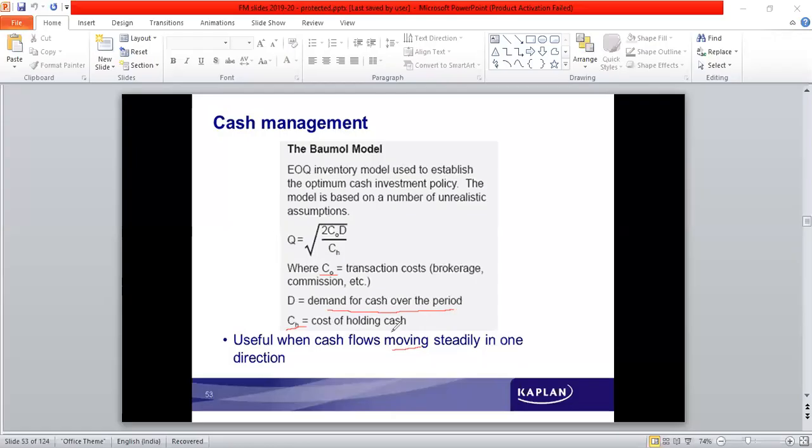What is the cost of holding the cash, not investing anywhere? Holding the cash, what is the opportunity cost on that? Then what is the transaction cost if they are investing, that is brokerage, commission paid, etc. Substitute these values to understand what is the requirement of cash.